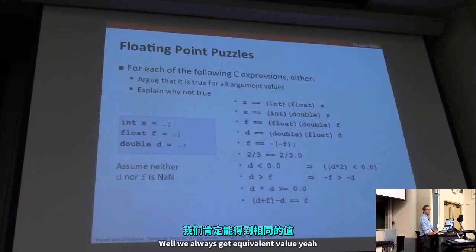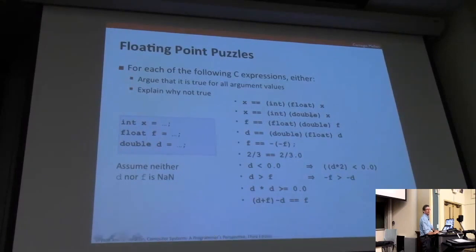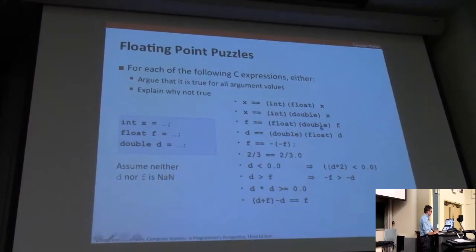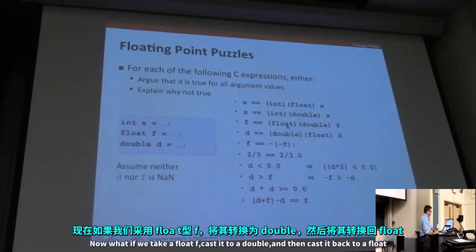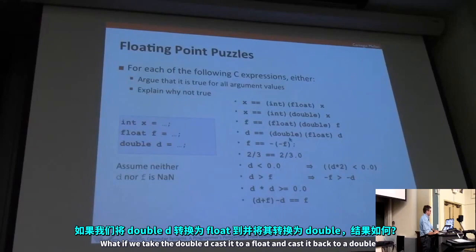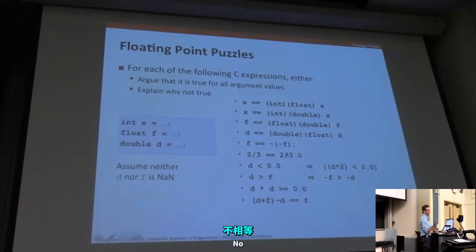Will we always get the equivalent value? Yeah, because we have enough frac bits in double. Now what if we take a float f, cast it to a double, and then cast it back to a float? Will that always equal the original f? Yeah. What about the converse, though? What if we take the double d, cast it to a float, and cast it back to a double? No.